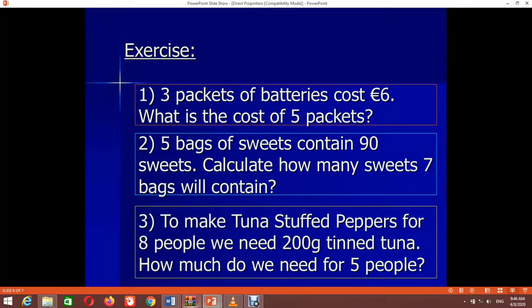Calculate how many sweets 7 bags will contain. And 3. To make tuna stuffed peppers for 8 people, we need 200 gram tinned tuna. How much do we need for 5 people?